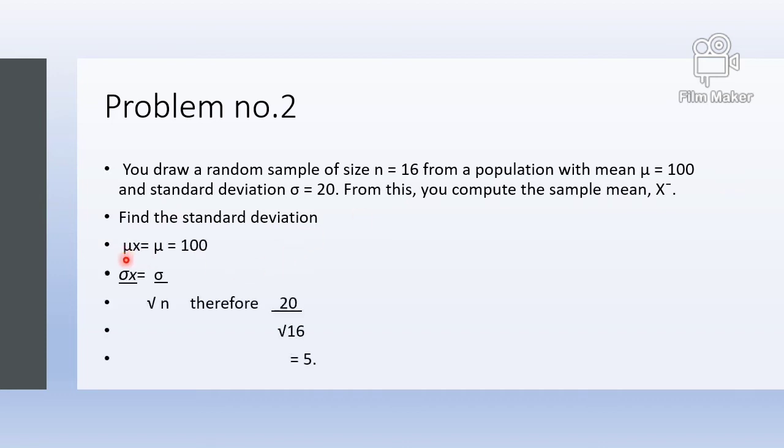First step, the average mean is equal to the probability mean, which is 100. And therefore, we can compute the standard deviation of the mean, which is equal to the standard deviation divided by the square root of n. Our standard deviation is 20, and n is 16. So 20 divided by 4 is equal to 5.